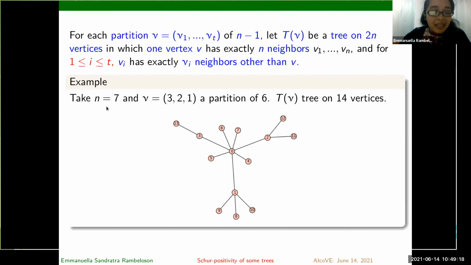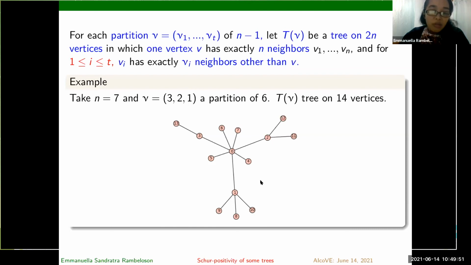If we take n equal to 7, then we can construct a tree T on 14 vertices by using a partition of 6. For instance, we take the partition (3, 2, 1). Then this is the tree arising from this partition. One vertex of this tree must have exactly 7 neighbors. This vertex 0 here has 7 neighbors.